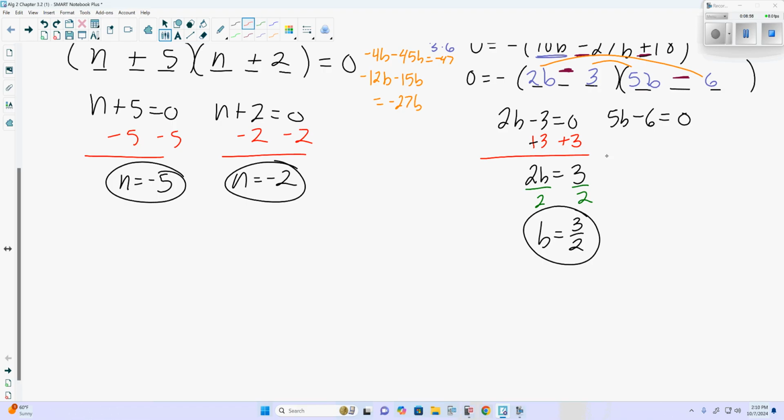Our other one, we would add 6 first, showing me 5b is equal to 6. Divide both sides by 5, telling me b is equal to 6/5. Now, if they would reduce, we would reduce them, but the only way these would reduce is if they had a common factor. They shouldn't, but if they did, then we would reduce.